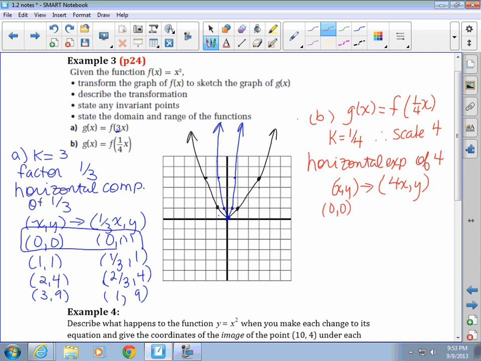So we have 0, 0 goes to 0, 0. Again, that's the invariant point. 1, 1 becomes 4, 1. 2, 4 becomes 8, 4. And we can't go any higher than that on this one.